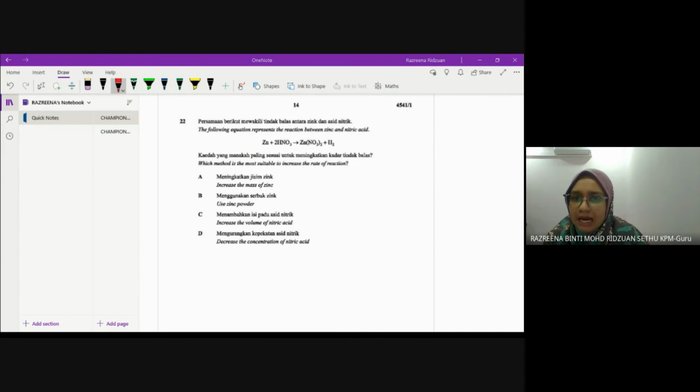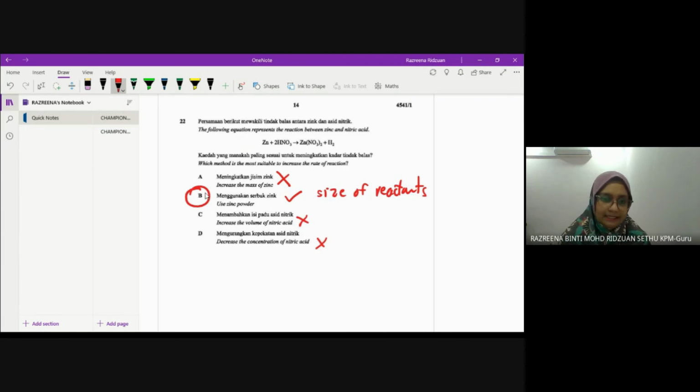By increasing mass, you don't actually increase the rate of reaction. Using zinc powder, makes sense? Because this is referring to the size of reactant. If you use granules, it will be slower. If you use zinc powder, it will be a faster reaction. Increase the volume. Volume does not help in increasing the rate of reaction. Decrease in the concentration. No, decreasing will decrease the rate of reaction. So answer is B.